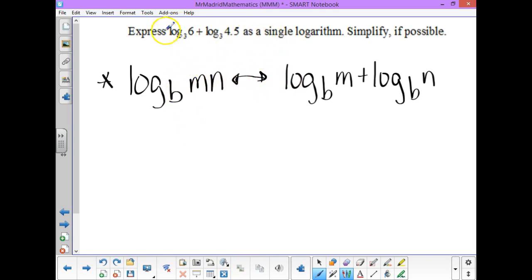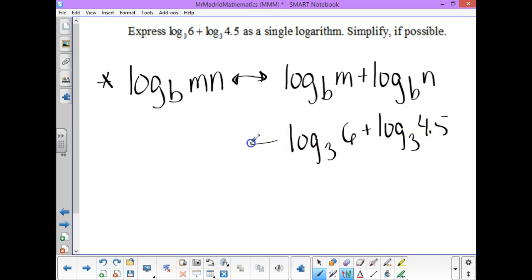In this case, they want a single logarithm, so this is the goal, for it to look like this. So down here, I'll put log base 3 of 6 plus log base 3 of 4.5. I'm going to be going left in this case, so I now have log base 3 of 6 times 4.5.